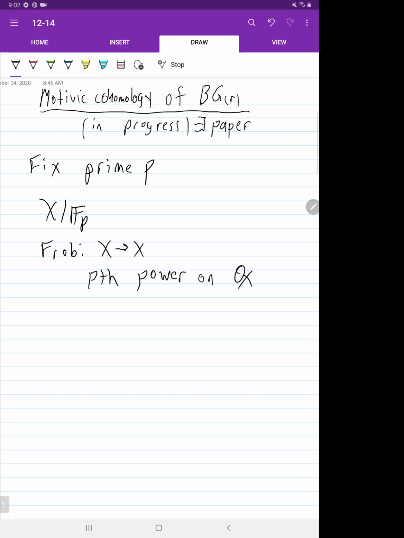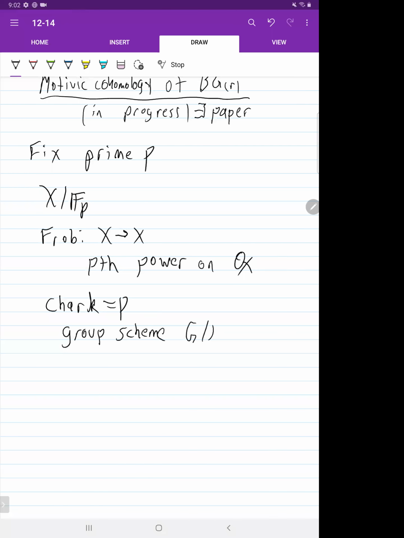And so for a group scheme over Fp, I want to define the relative Frobenius.